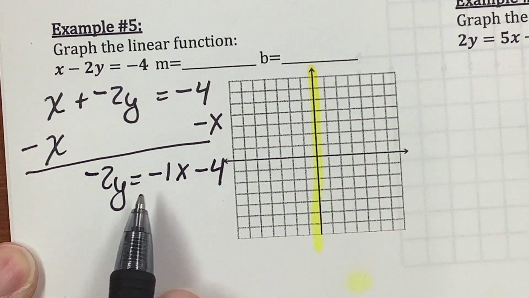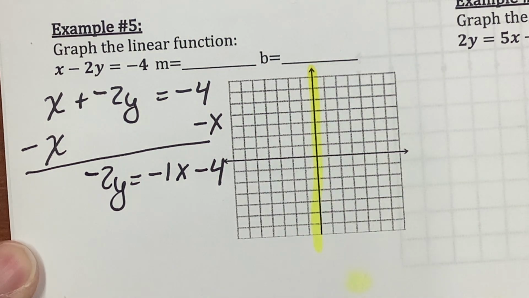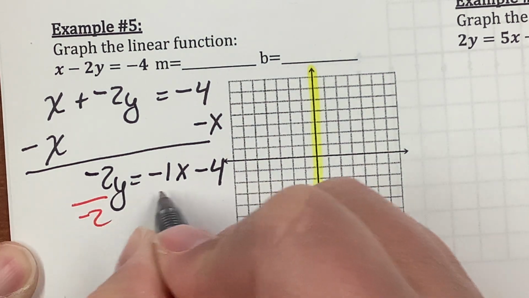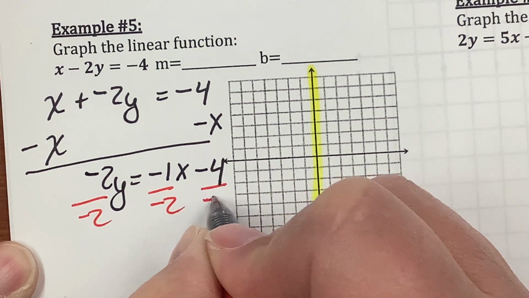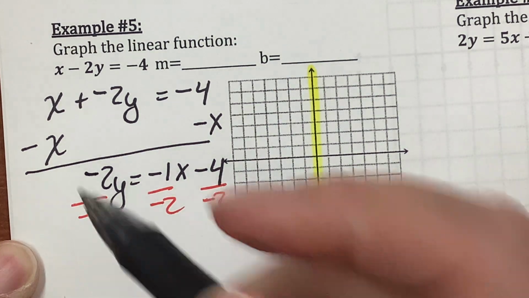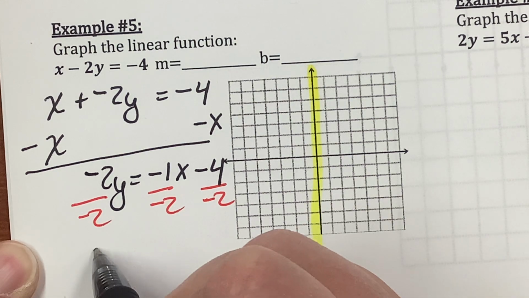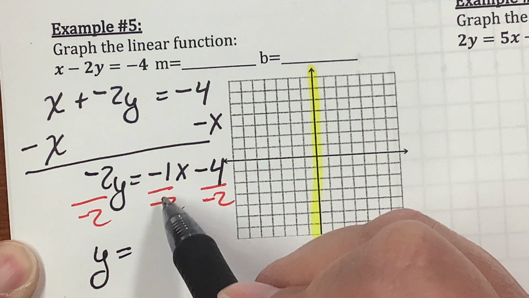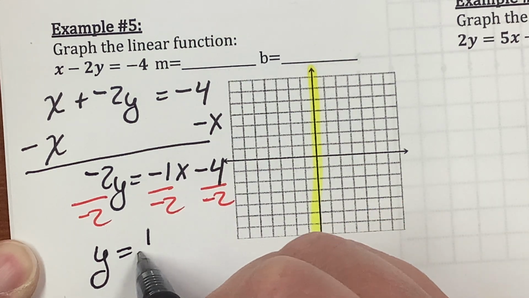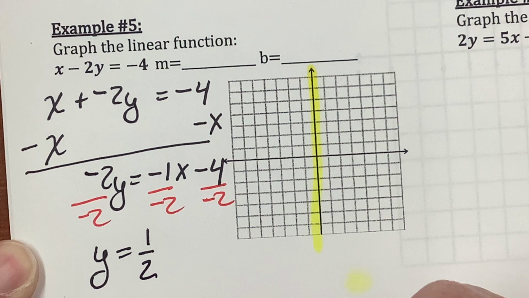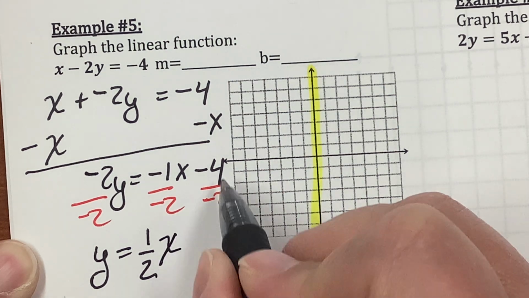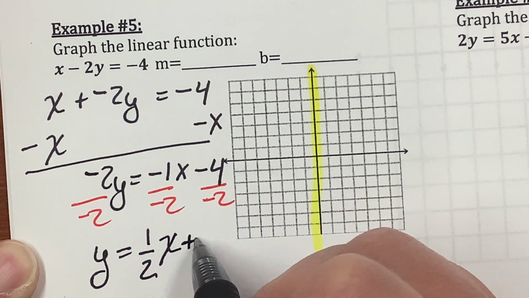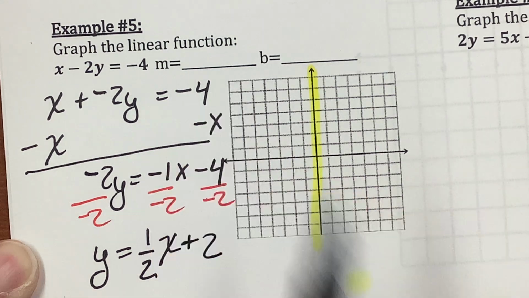I know I'll be dividing by -2. -2 divided by -2 is positive y. -1 divided by -2, I'm leaving it as a fraction, but negative divided by negative is positive 1/2 x. -4 divided by -2 is positive 2. So my slope is the fraction 1/2.